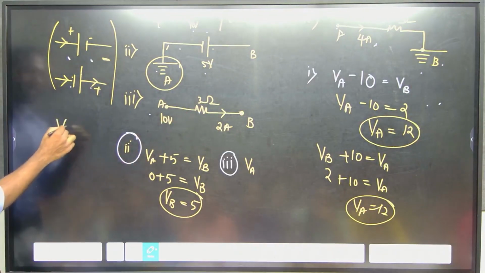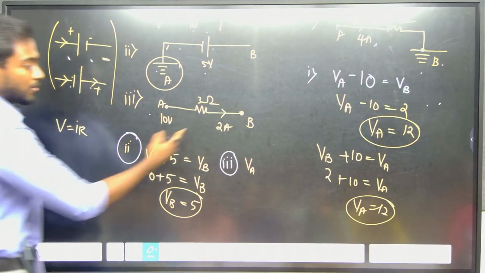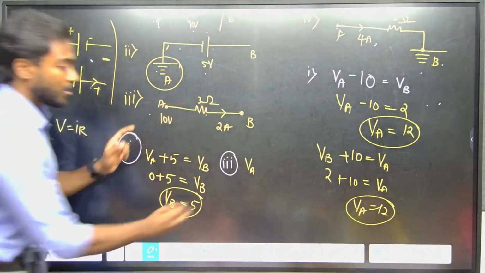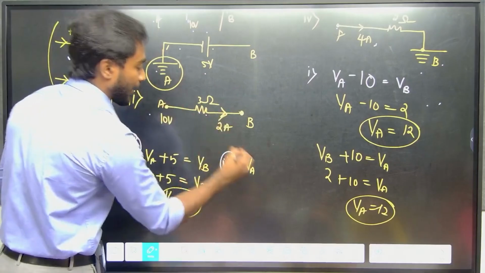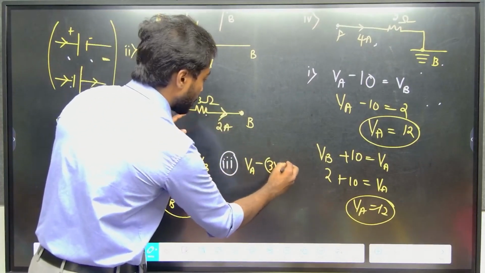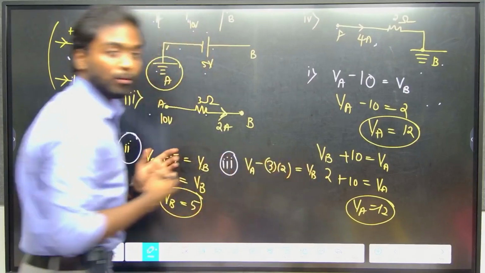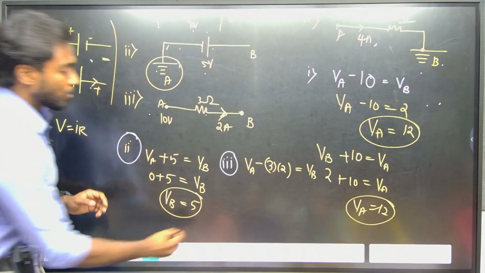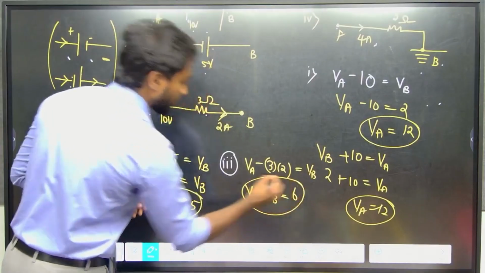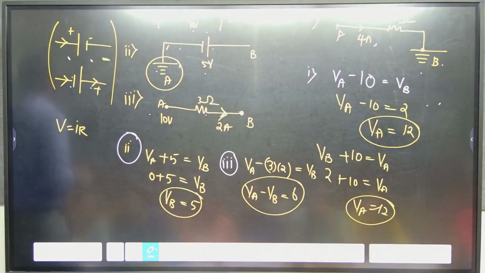We know the formula, V equals IR. So current is 2 ampere, resistance is 3 ohms. So I am in the direction of the current, so minus symbol first. 3 times 2 should be equal to VB. Any doubt here? So VA minus VB should be equal to 6. This is the answer for the third one.